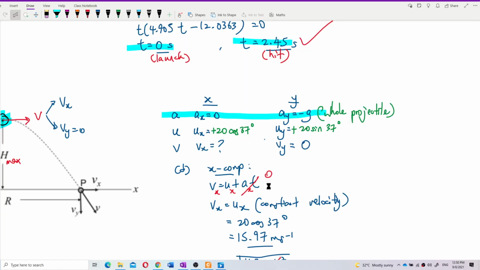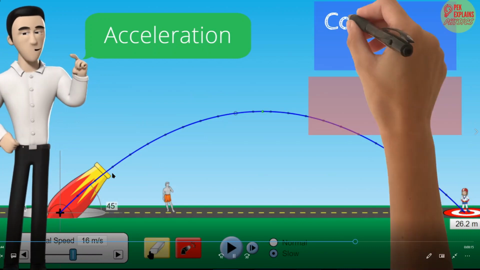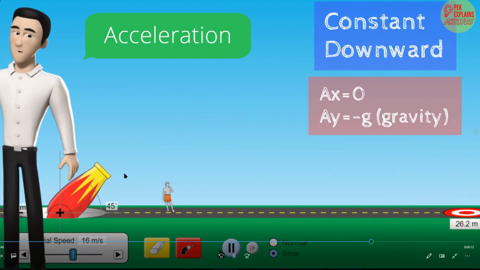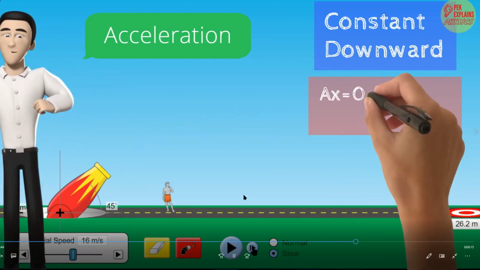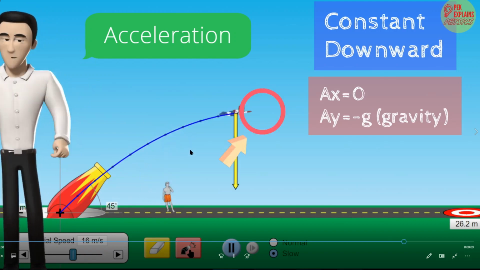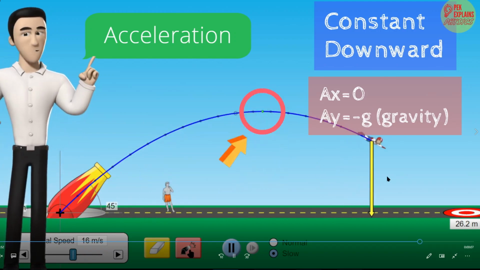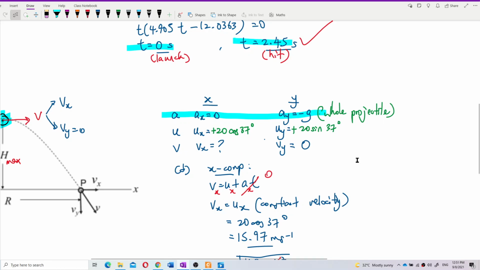I hope you are clear. The acceleration for the whole projectile is always Ay equal to negative g. It's always downward.